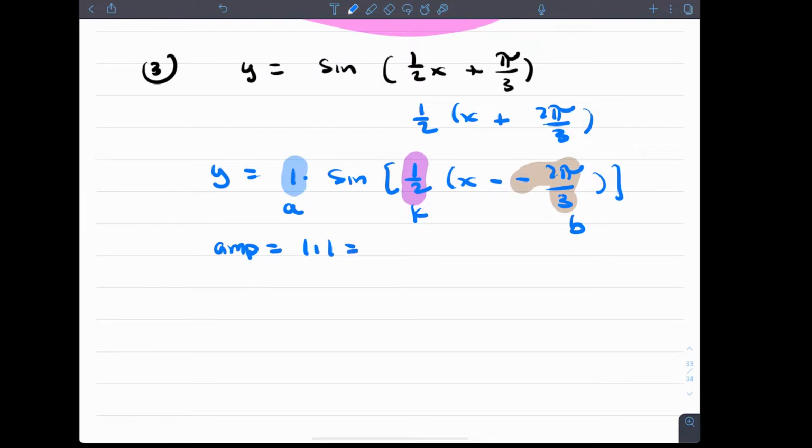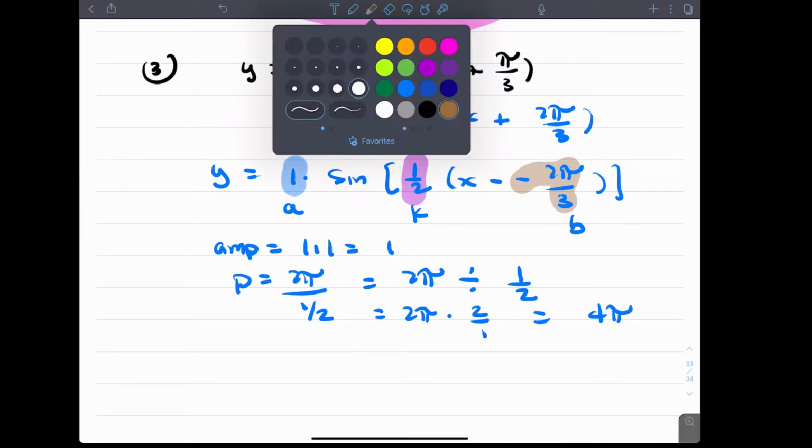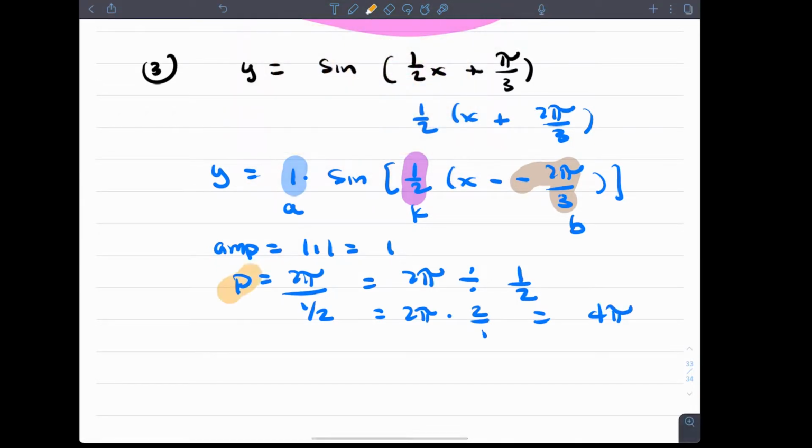What's the absolute value of 1? 1. 2 pi divided, what's k here? Is k 1/2? How do you guys do that arithmetic? A whole number divided by a fraction again. What do you guys do? It's the whole number times the reciprocal. So what's your period, ladies and gentlemen? Your period's going to be what? 4 pi.